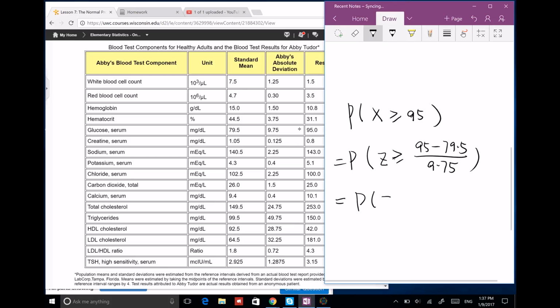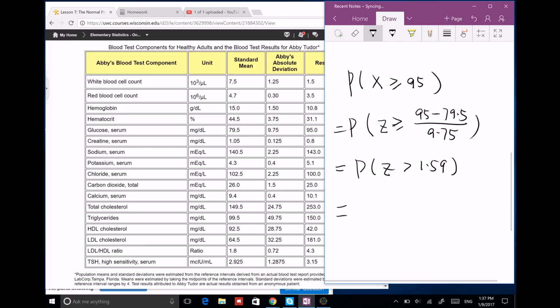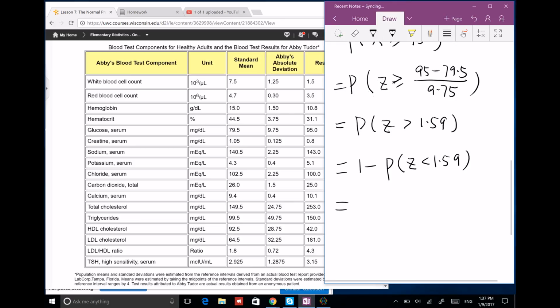So the probability of z bigger than 1.59 is 1 minus the probability that z is less than 1.59. What is that probability according to the normal distribution? Let me calculate it with the normal distribution calculator.